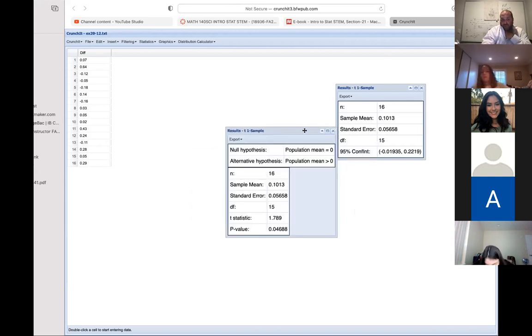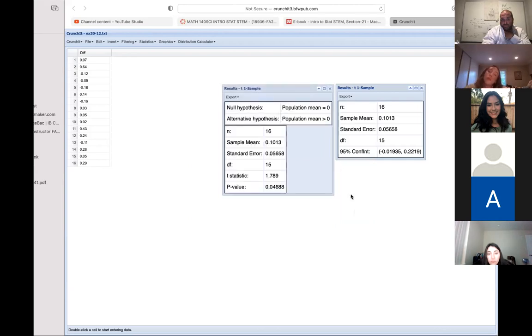And if we calculate it, what do we get as our p-value? What's our p-value there? 0.047, which is less than 0.05.